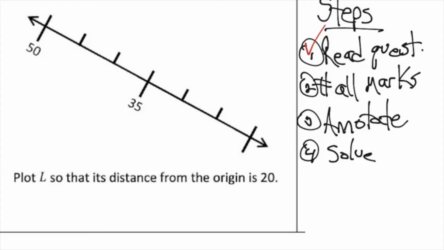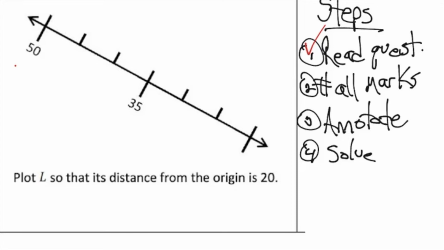Now, we know origin is 0, and we're so used to seeing a number line start on the left side and go greater in number, but here we are given a number line that is not doing that. It's decreasing instead of increasing, because we can see at the top we have 50, and in the middle we have 35.